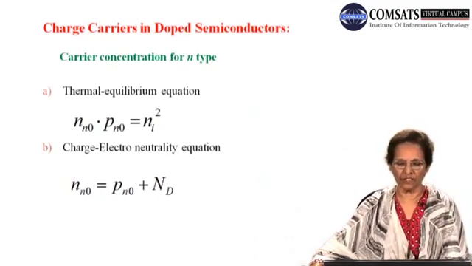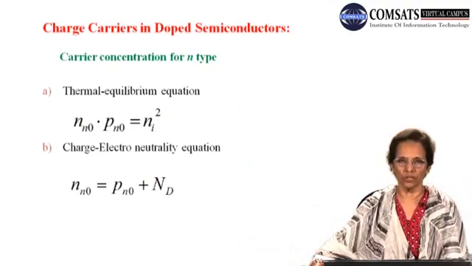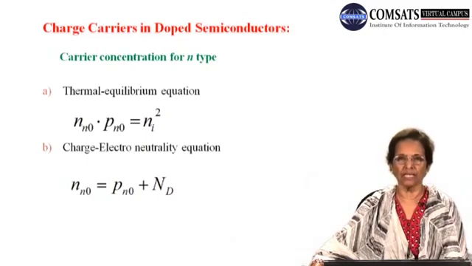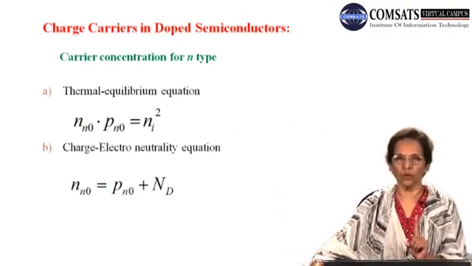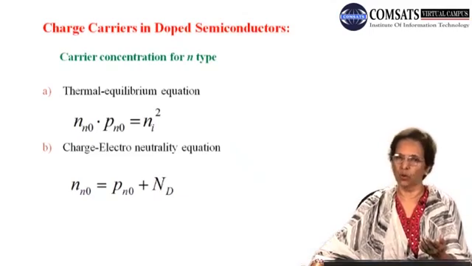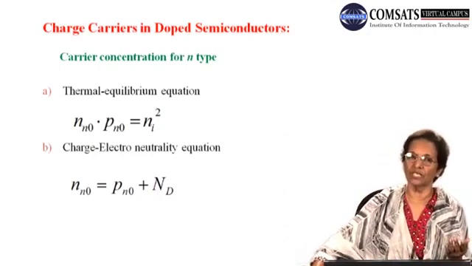Carrier concentration for an n-type material is subject to the thermal equilibrium equation, which is n_n0 times p_n0. n_n0 refers to the electron concentration in the n-type material in equilibrium. p_n0 refers to the minority hole concentration in the n-type material, the product being equal to n_i squared. This n_i squared for silicon at room temperature would be 10 to the power 10, and numerically you can calculate how much the hole concentration, that is the minority concentration, would be if the donor concentration is known.